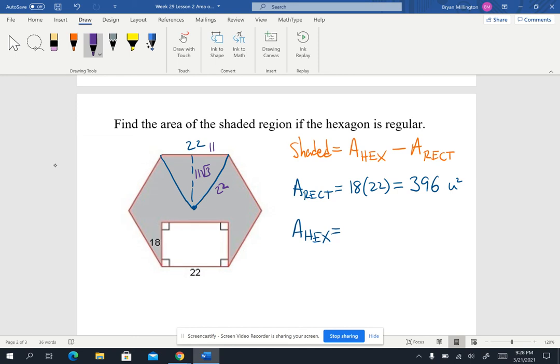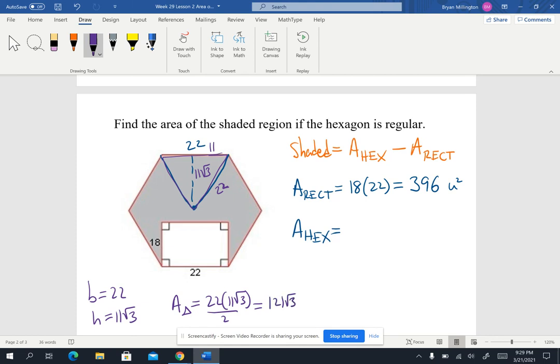All right, so if I just am looking at this one triangle up here, I've got a base of 22. I've got a height of 11 root 3. So the area of that triangle would be 22 times 11 root 3 divided by 2. And when I do that, I'm going to get 121 root 3.